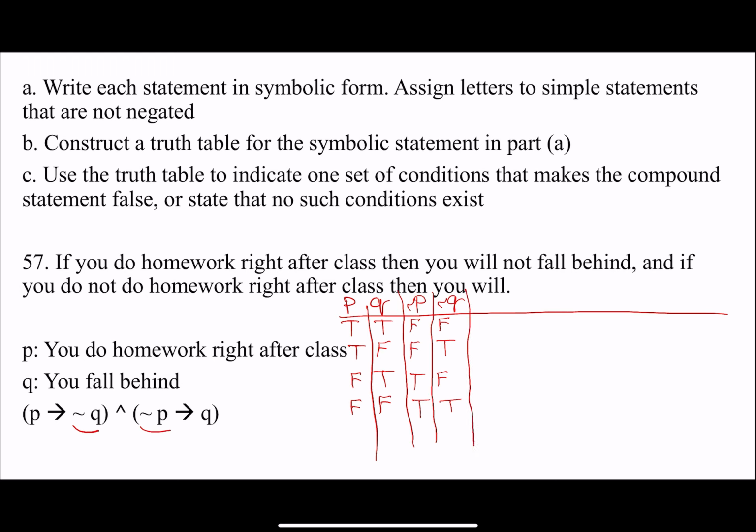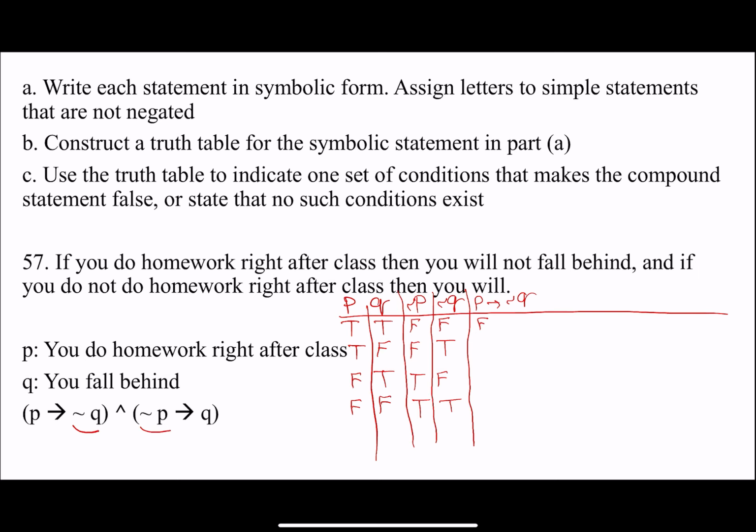Here we go. First I make if P then not Q. Guys, be careful. P, the first column, is your antecedent, the start, and not Q, the fourth column, is your consequent. Look at the first row. Your start is true, consequent is false, so the conditional is false.